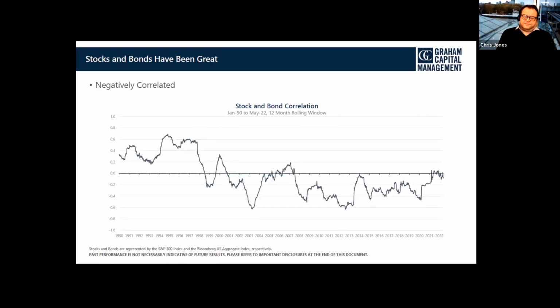And you might think that's because of the way the economy has turned, the threat of recession, the threat of inflation, and thus negative expectations for equities and for bonds. But actually it's as much as anything down to the effect of equity bond correlation, which has been very, very usefully negative for the past 20 years or more.